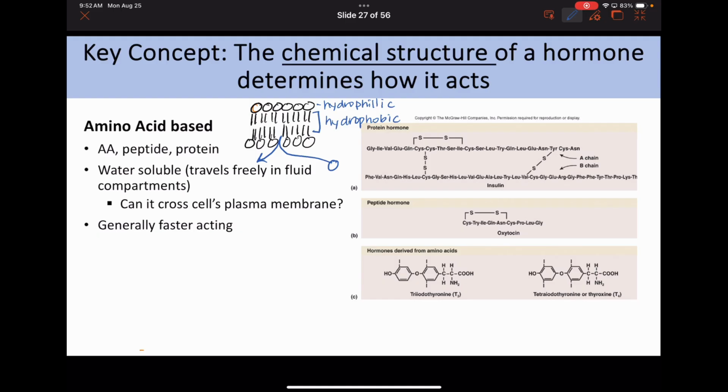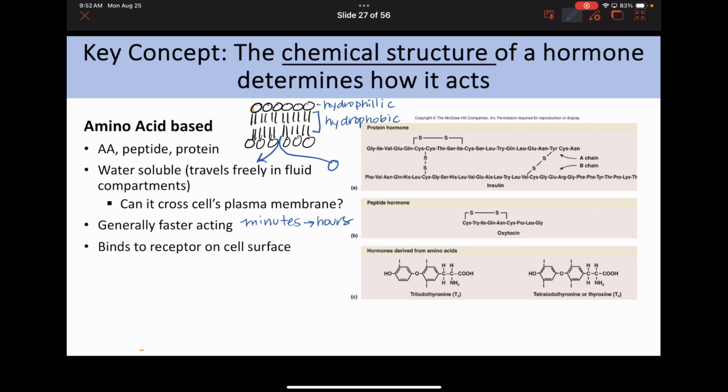They just have a very complex process because of their structure, and we'll talk about that later. But these are generally faster acting. Amino acid-based hormones can act over minutes to hours, while lipid-based, which we'll talk about later, is more days to weeks.